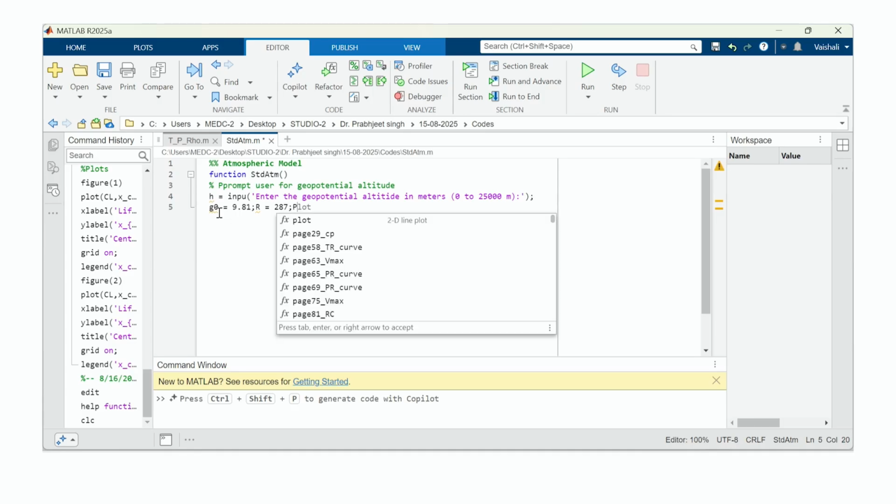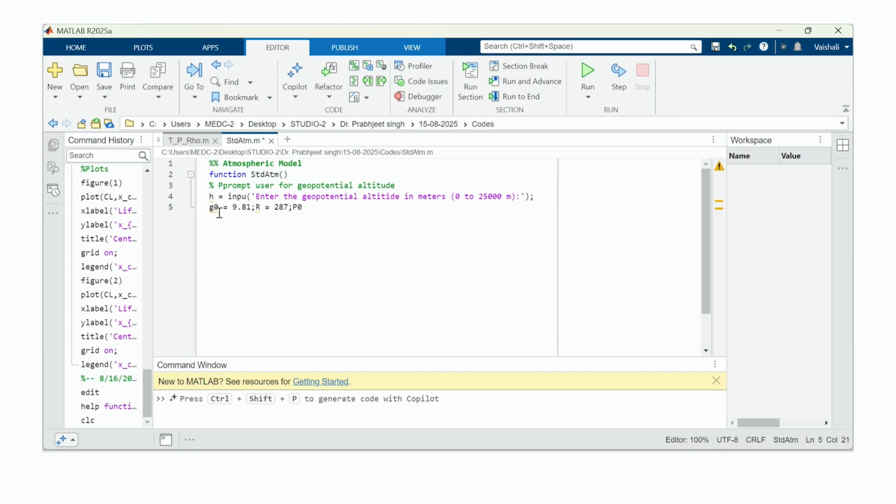Next is the pressure at sea level, which I am denoting as P naught, equals 1.01325 times 10 to the power 5, so we write e to the power 5. This is the pressure at mean sea level in newtons per meter squared.